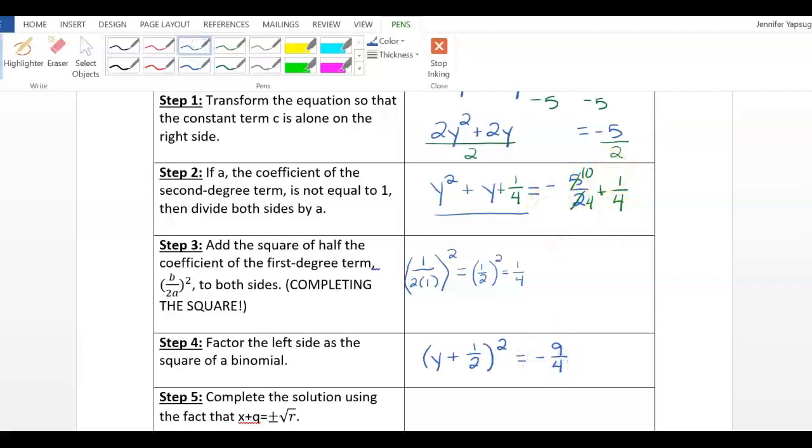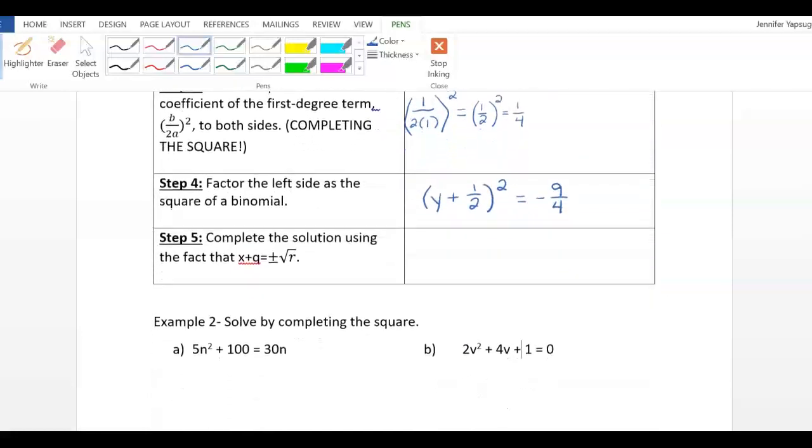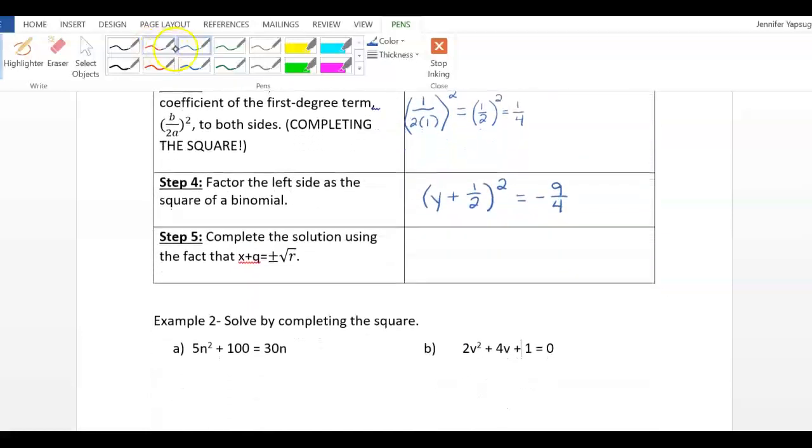All right, and then we're just going to go ahead and complete the solution by taking the square root of both sides. So we get y plus 1/2 is equal to plus or minus the square root of negative 9/4. That can be simplified.